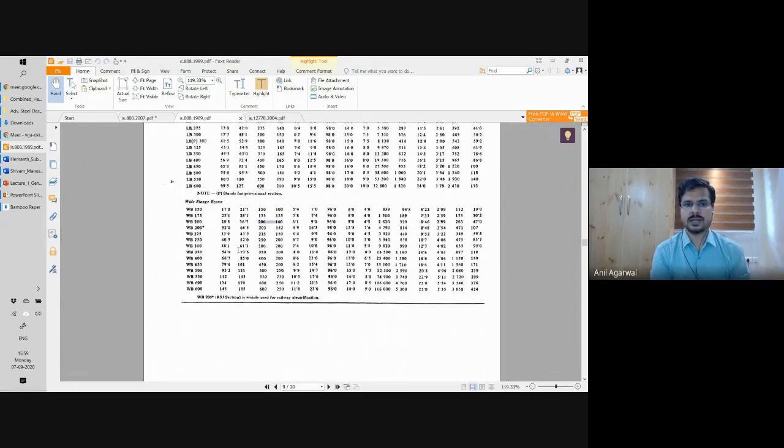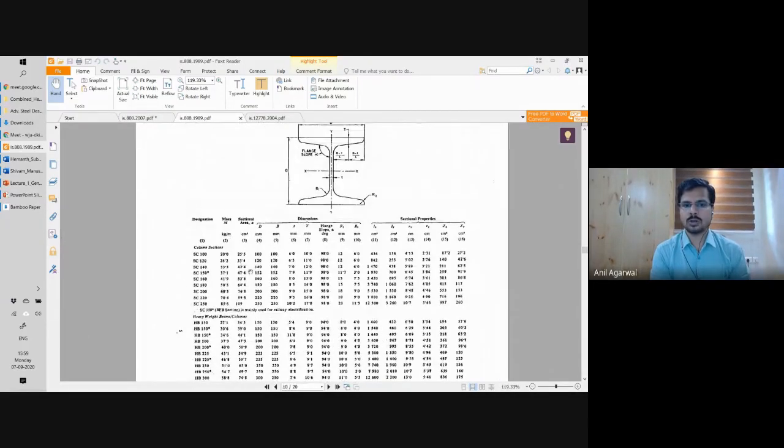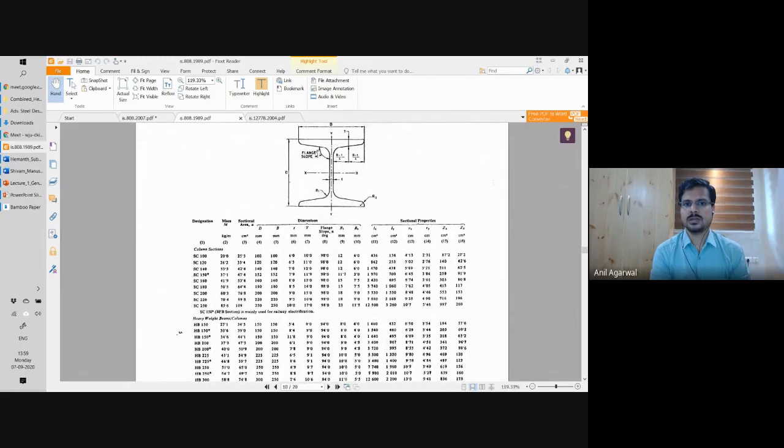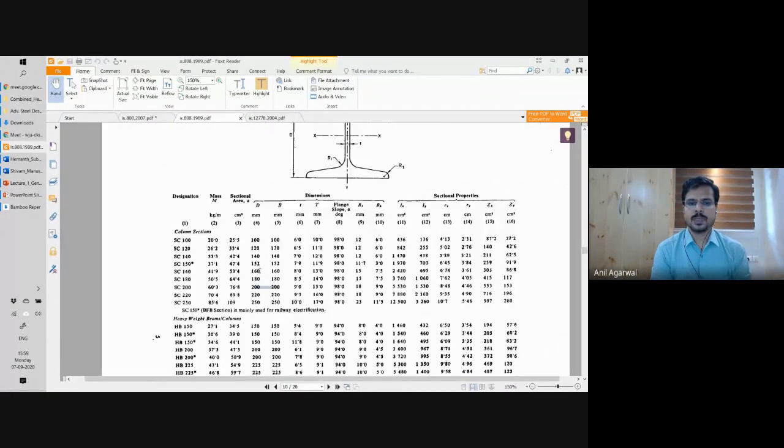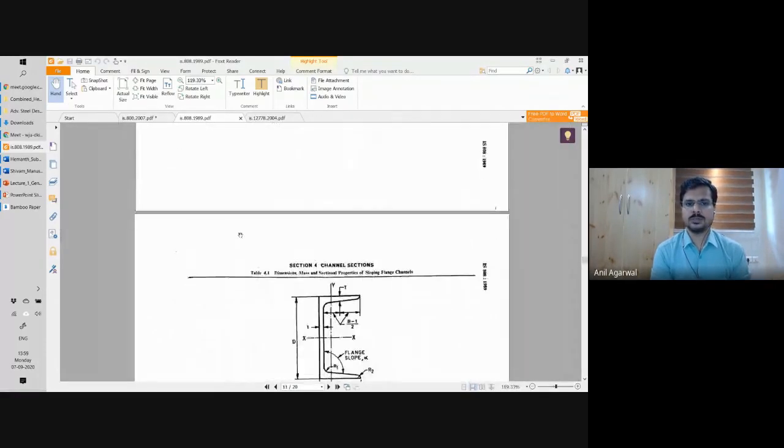So wide flanges, I have WB sections, wide flange beams. These are column sections, SC sections, where D to B ratio is almost equal. So you can see ISSC 200 has a depth of 200 and also a width of 200. Can you see? Then you have also heavy beams, which are called HB.